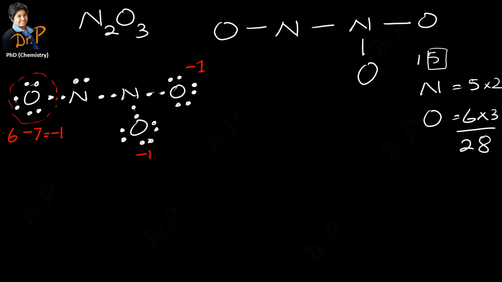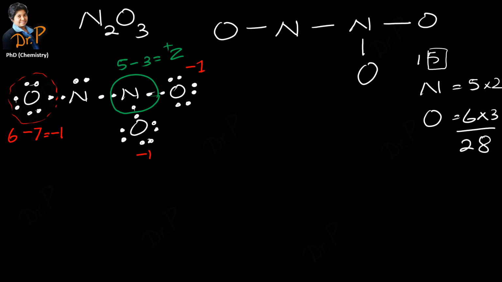The nitrogen atom here, you can find 5 valence electrons around nitrogen, but in this structure you have only 3 electrons, so 5 minus 3, that is a +2 formal charge for that nitrogen atom.